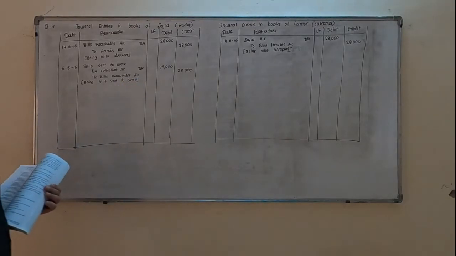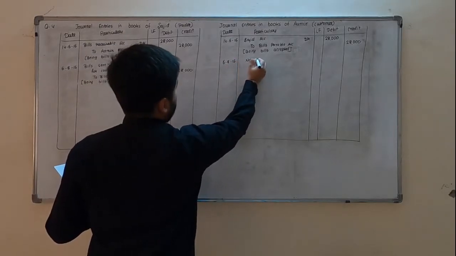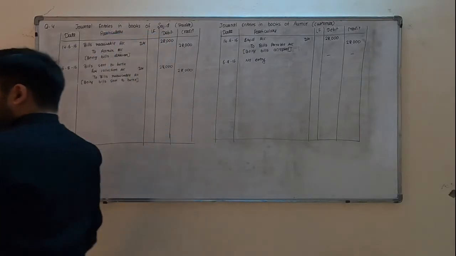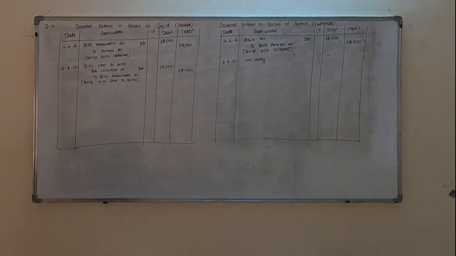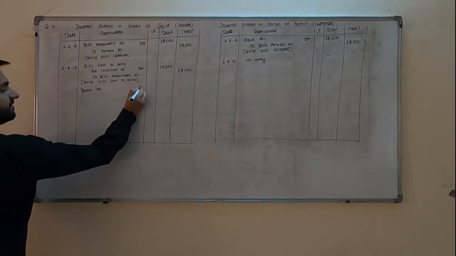Now before the maturity date this thing is done, so this will have no entry, because a fixed entry is there on the maturity date. Now the amount is received on the maturity date by charging the commission. Now we will calculate the maturity date, but before that we can write the entry.